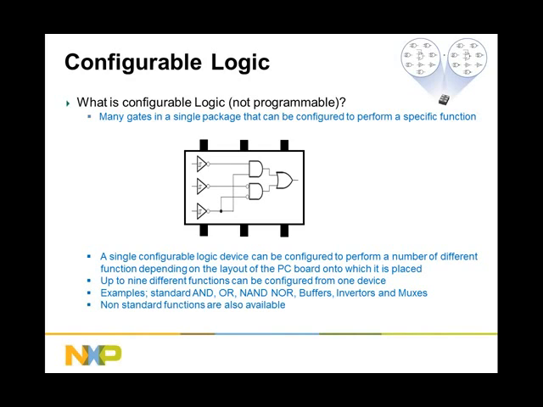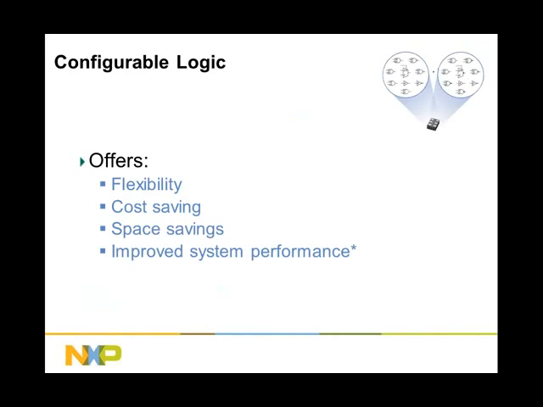It also has some non-standard functions, and the benefit of these non-standard functions I'll point out to you in just a moment. By using a configurable logic device, it offers you flexibility, cost savings, space savings, and also improved system performance.